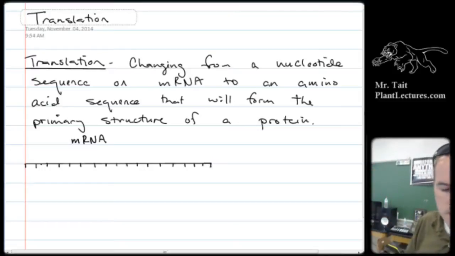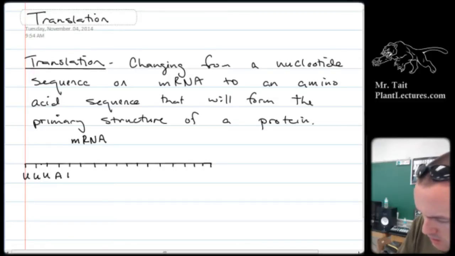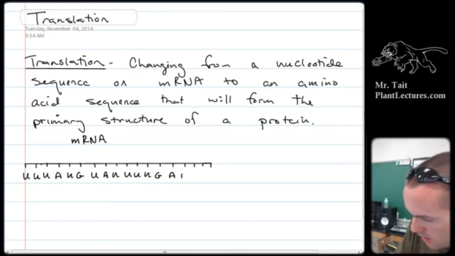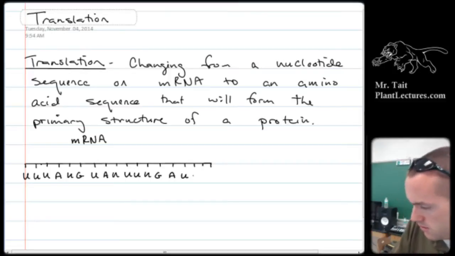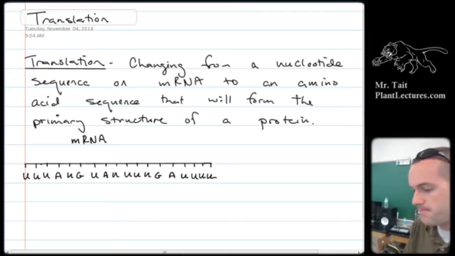Let's say the nucleotides on this strand are something like UUU, AUG, UAU, UUU, GAU, UUU, or something like that. Okay. So these get divided into segments of 3, right?